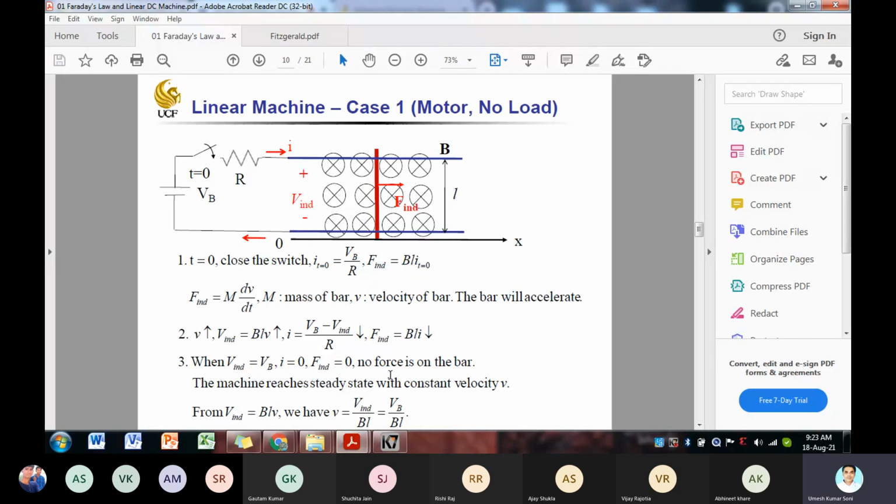So this is the case for steady state condition in no load condition. Whenever V induced equals BLV equals VB, we can determine the velocity V using this equation, V induced by BL, which has been determined at the steady state condition. So velocity V equals VB by BL.